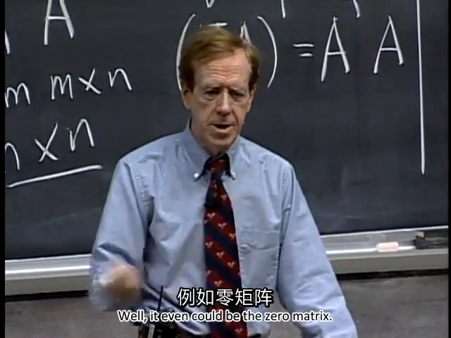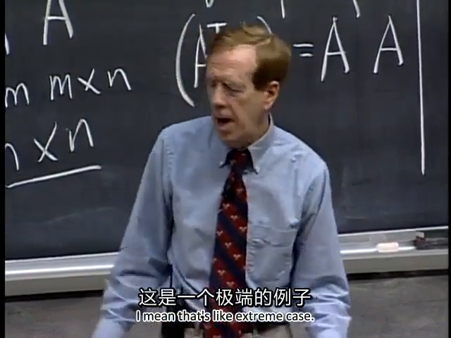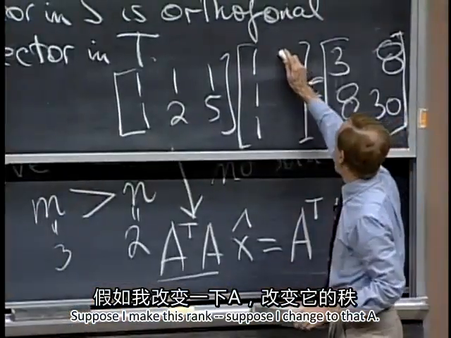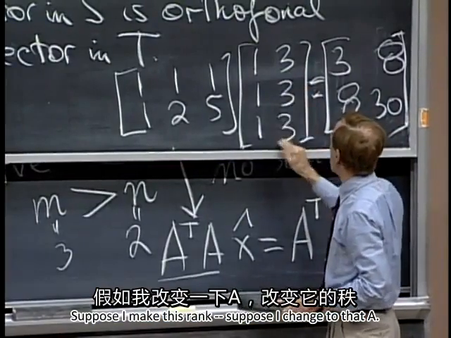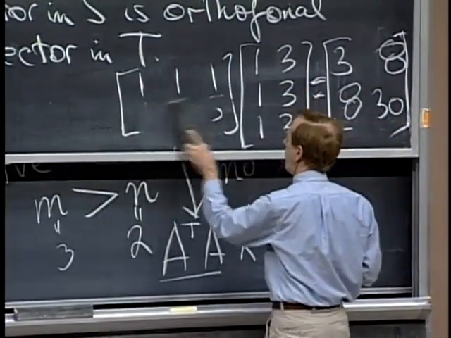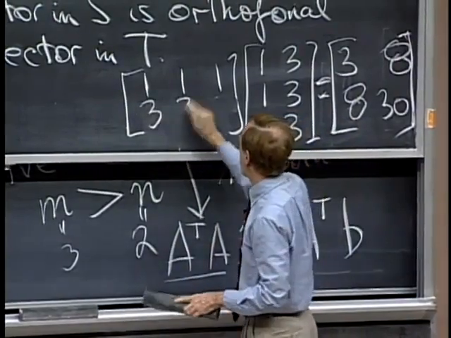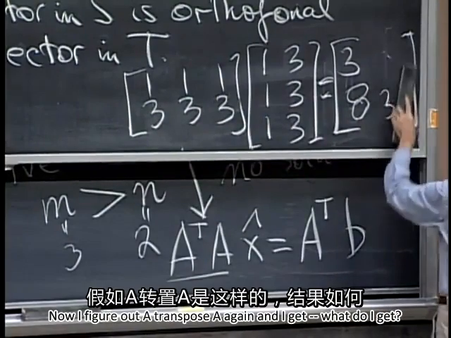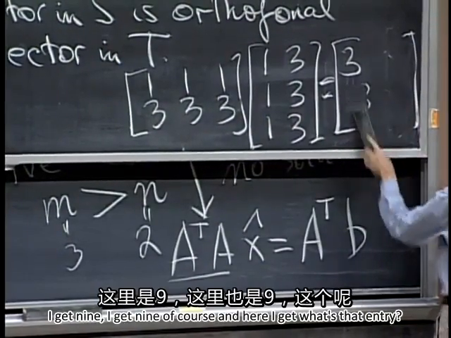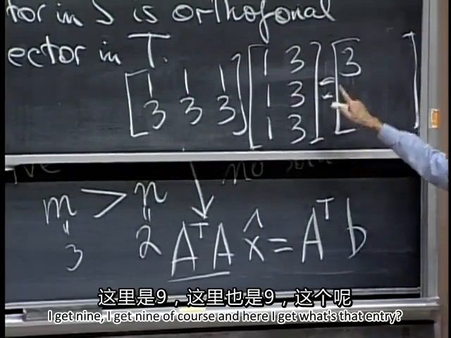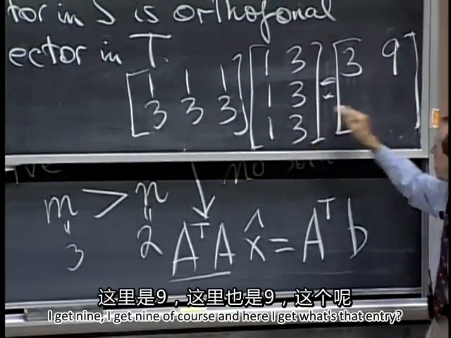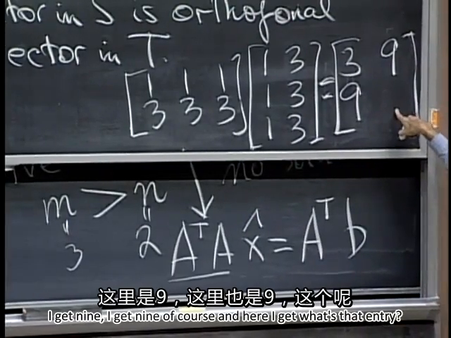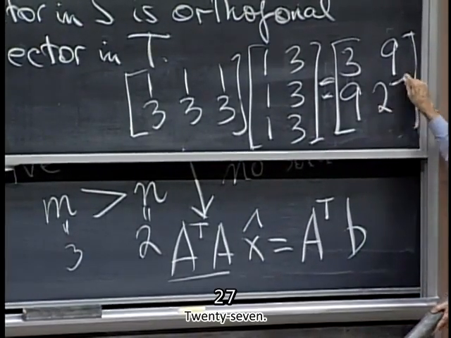Well, it could even be the 0 matrix. That's like an extreme case. Suppose I change to that A. Now I figure out A transpose A again, and what do I get? I get 9, of course. And here I get, what's that entry? 27.